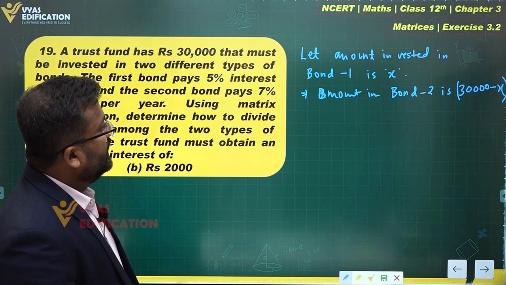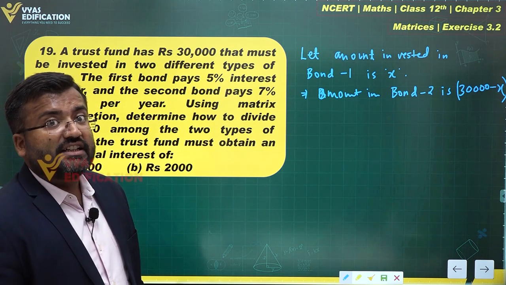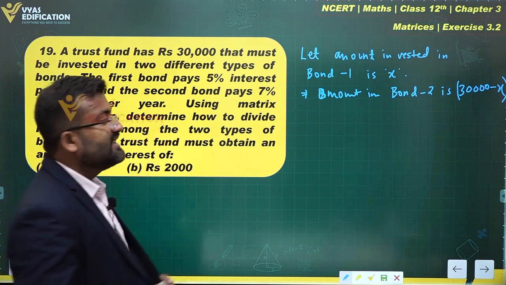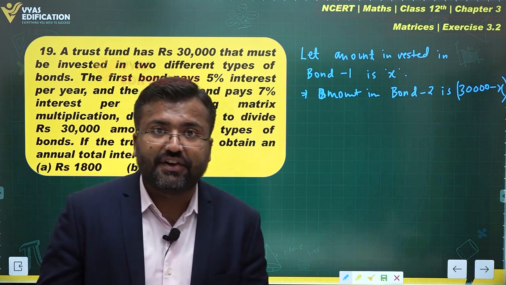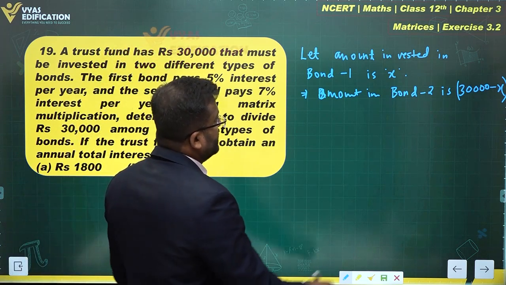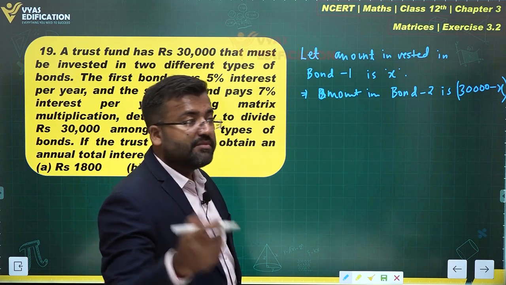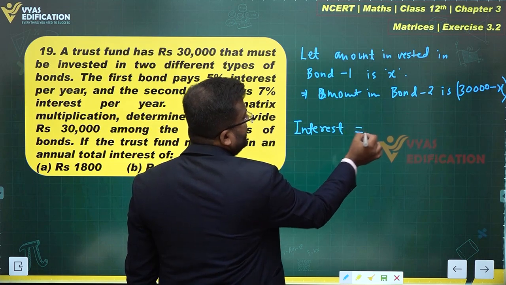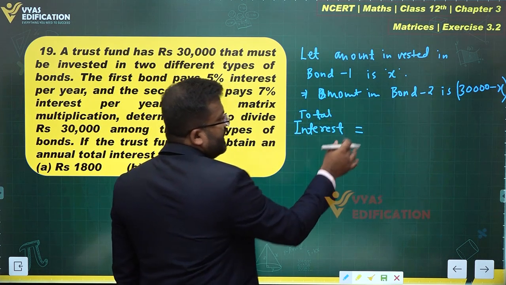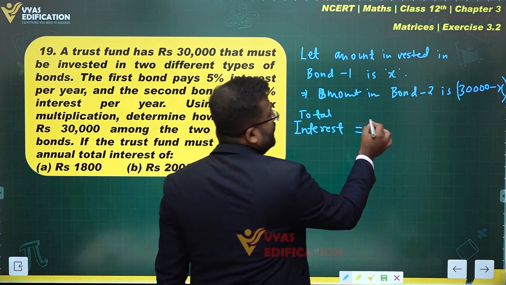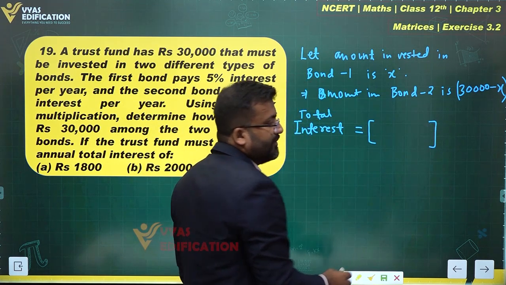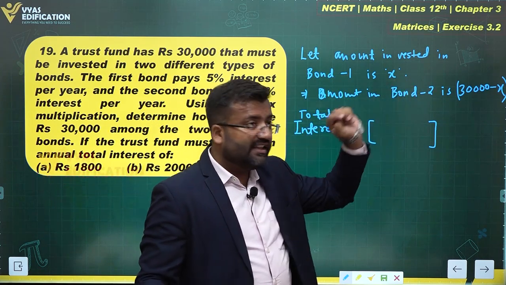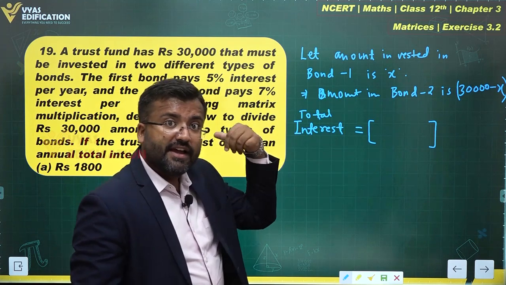What else? The interest in each of these is 5% and 7%, and 5% can be written as the fraction 5 by 100, right? So by using matrix multiplication, the total interest would be equal to the matrix of the terms X and 30,000 minus X multiplied by the corresponding rates of interest.